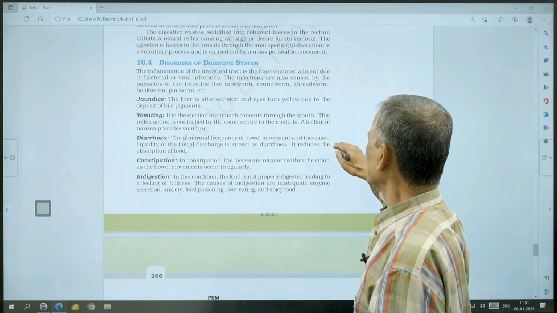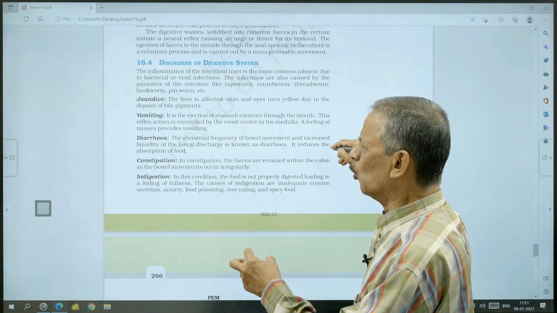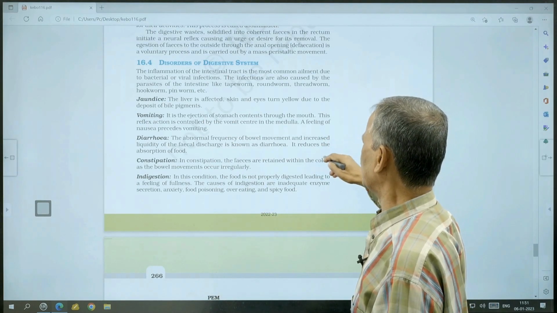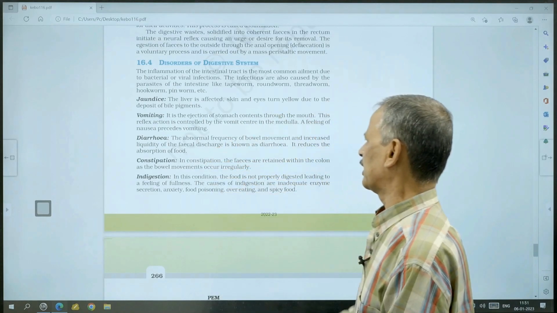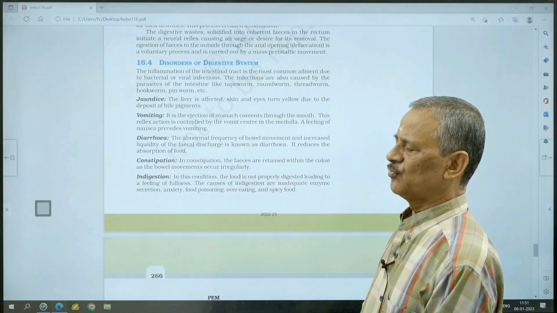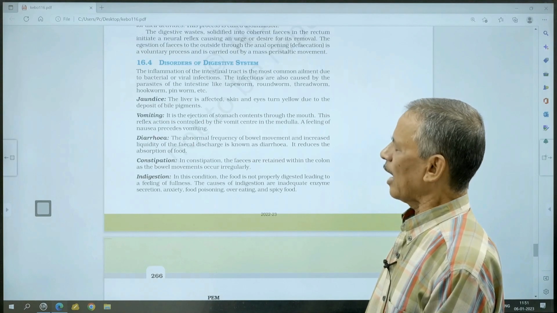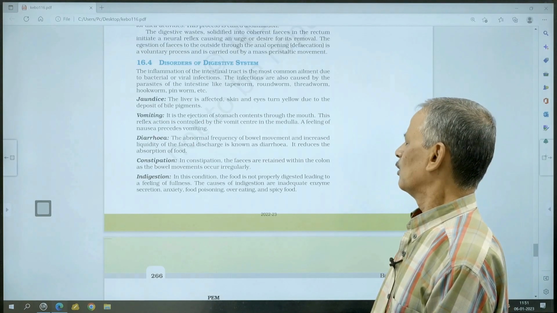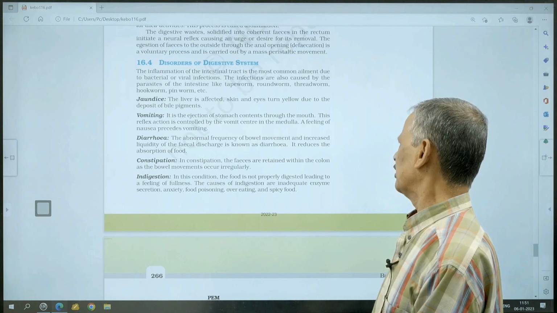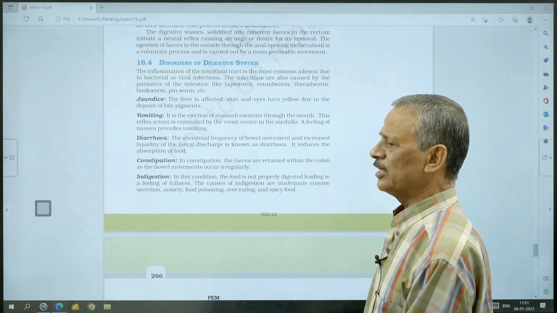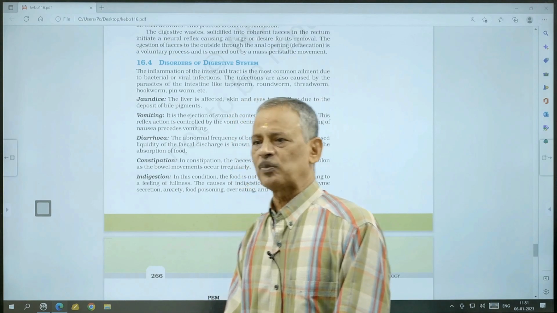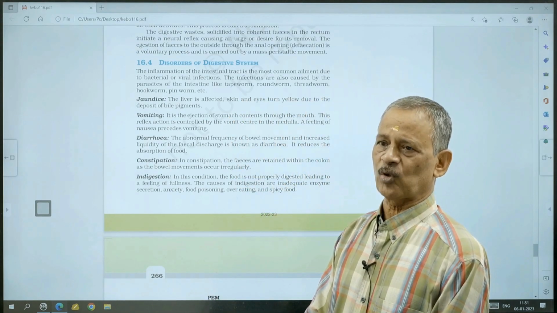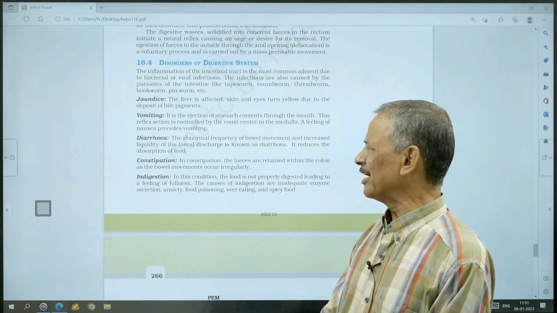Diarrhea is the sending out of loose motion frequently. So, increased frequency of bowel movement and increased liquidity of the fecal discharge. The feces is liquid and you are sending out fecal material with abnormal frequency. This is called diarrhea. When diarrhea is there, there is no proper absorption. Water is not absorbed, so you will feel dehydrated and tired.